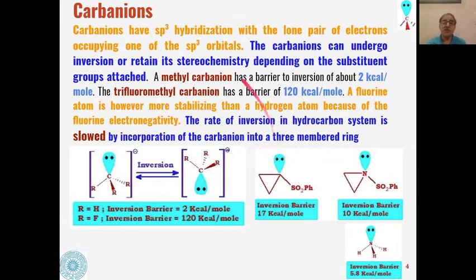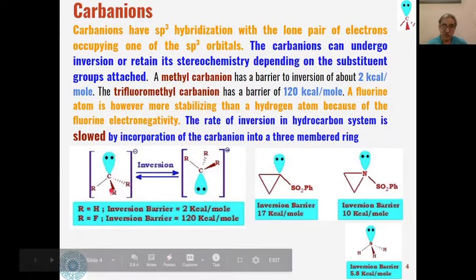The carbanions have sp3 hybridization with the lone pair of electrons occupying one of the sp3 orbitals. So this is the sp3 hybrid orbital, which is having this lone pair of electrons. And these carbanions can undergo inversion.